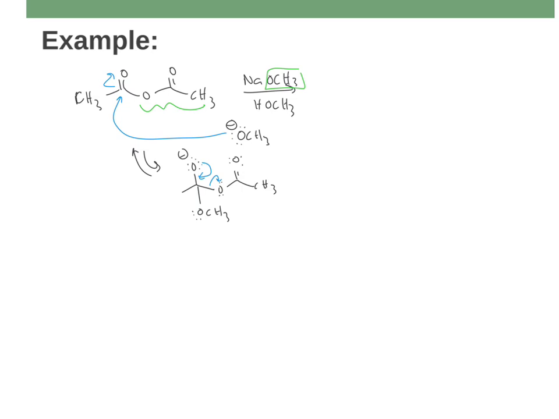If I kick this out, I'm going to get O minus, but it's resonance stabilized. There's delocalization here. So that's actually going to be the best leaving group, which is why it's going to be the thing that leaves, which is going to give me my ester.